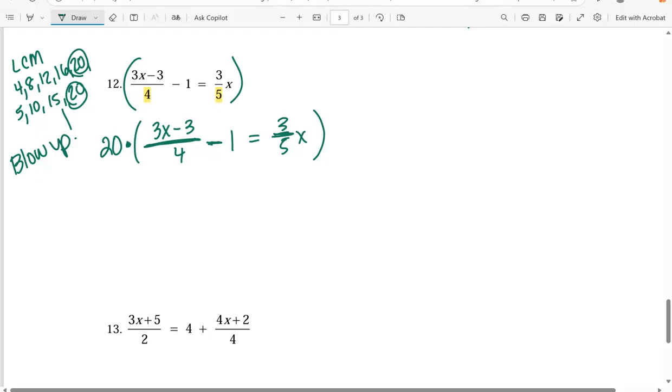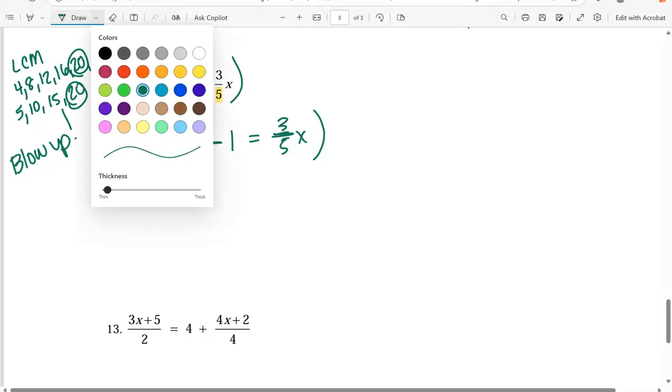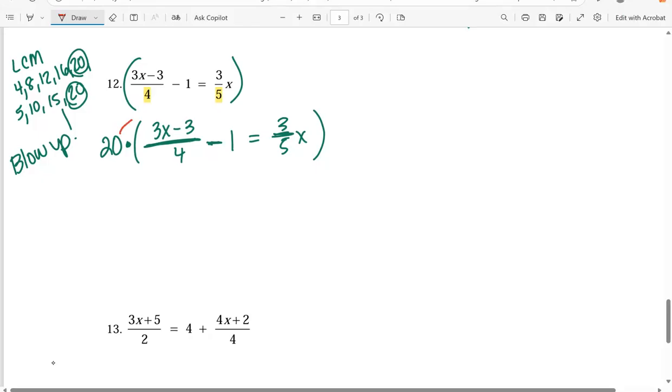Remember that the denominators, the equal signs, the x's, those aren't changing. All I'm doing is multiplying into the top or into each term. Remember that terms are separated by pluses and minuses. So I have to do 20 times 3x is 60x. I also have to do 20 times negative 3 is negative 60. I have to distribute it into that top. But this whole thing still has a divide 4 that has not disappeared.